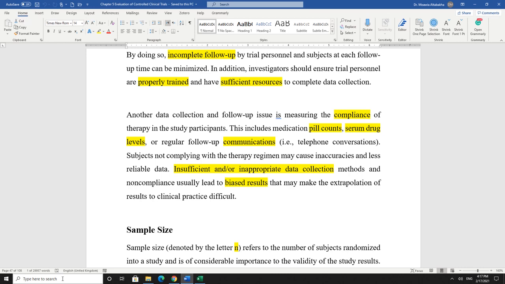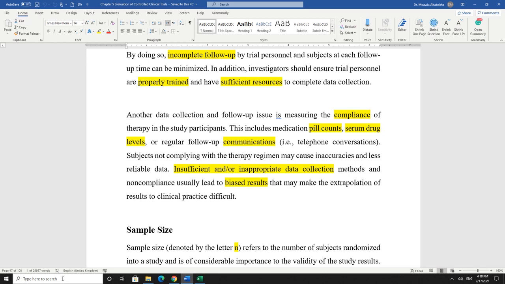Always ask the patient to bring his pill container in order to see how much is there. Also, if the patient is doing refilling, you might ask the pharmacy or the place where he does the refilling how many times the patient did the refilling.